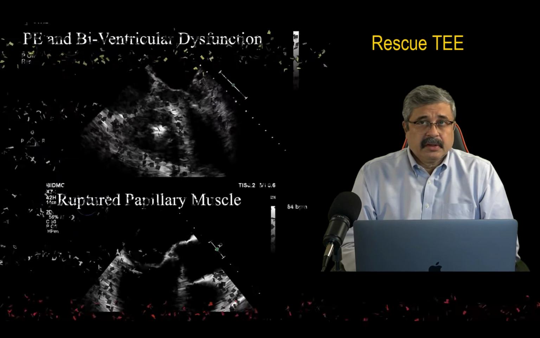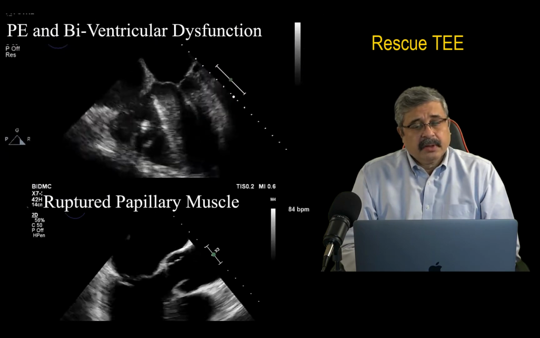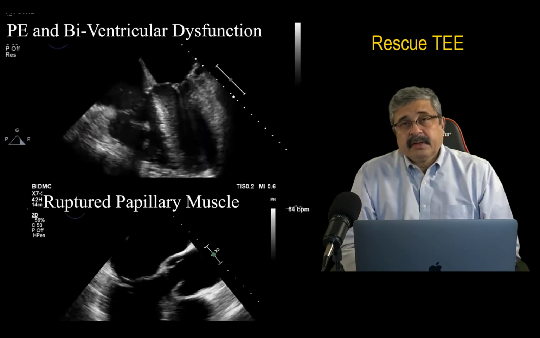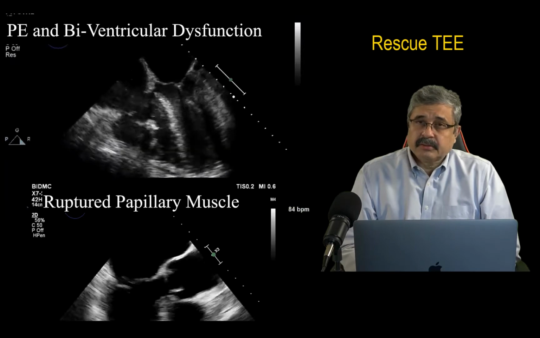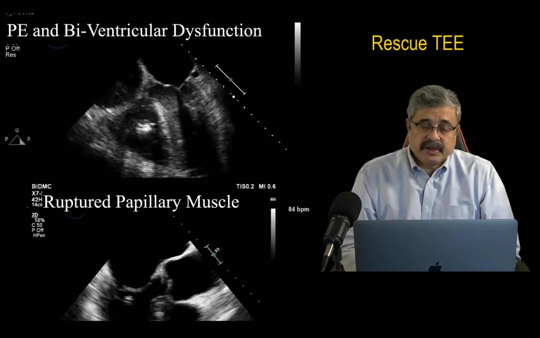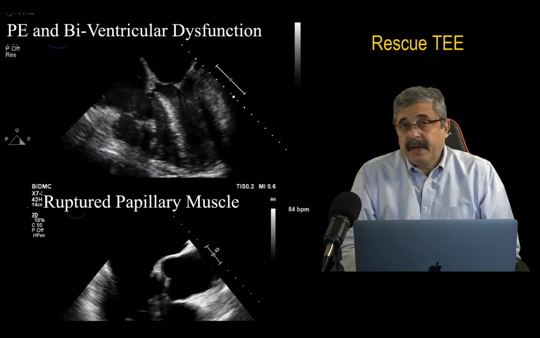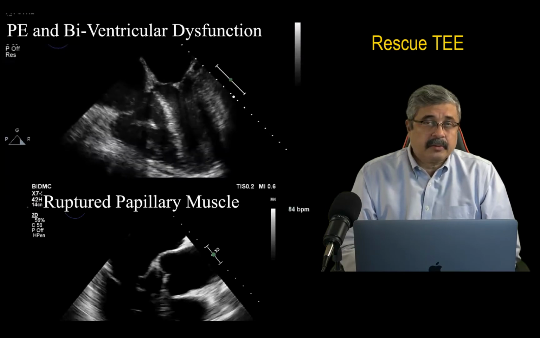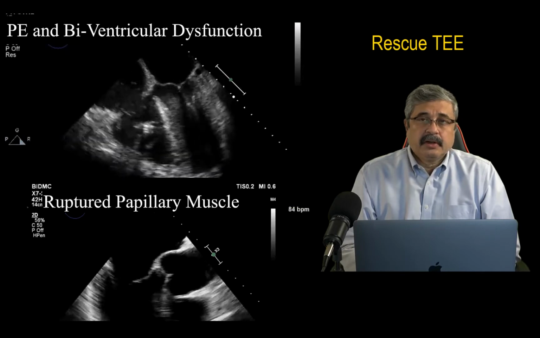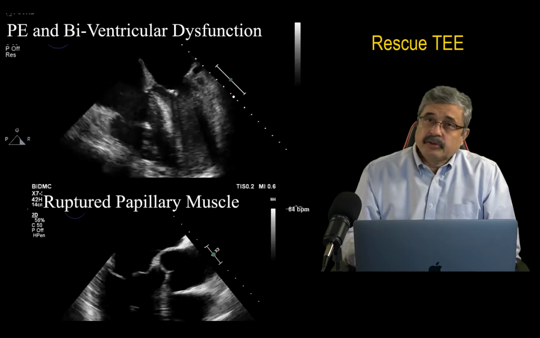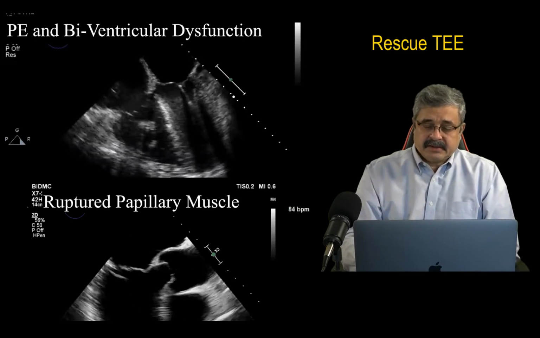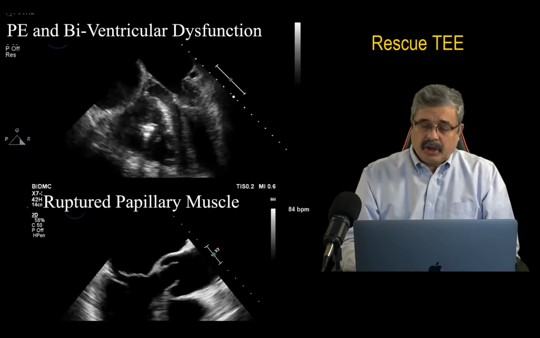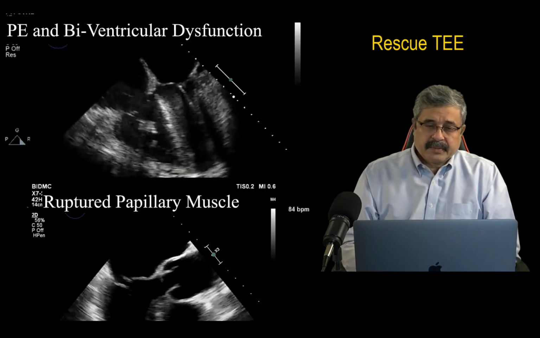For example, the patient in the video at the top has pulmonary embolism and biventricular dysfunction, as opposed to the patient in the bottom video, who has a ruptured papillary muscle and needs a quick trip to the cardiac operating room, whereas the patient at the top requires heparin and inotropic therapy. But the presentation is exactly the same: hypoxia, shock, and resistance to therapy.